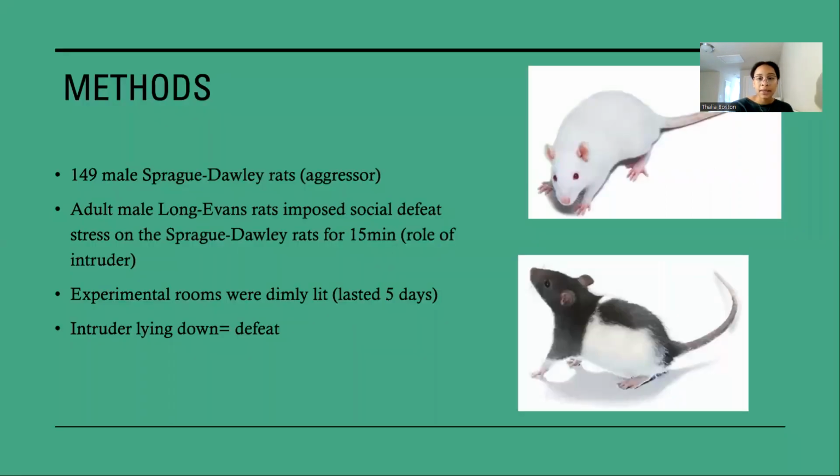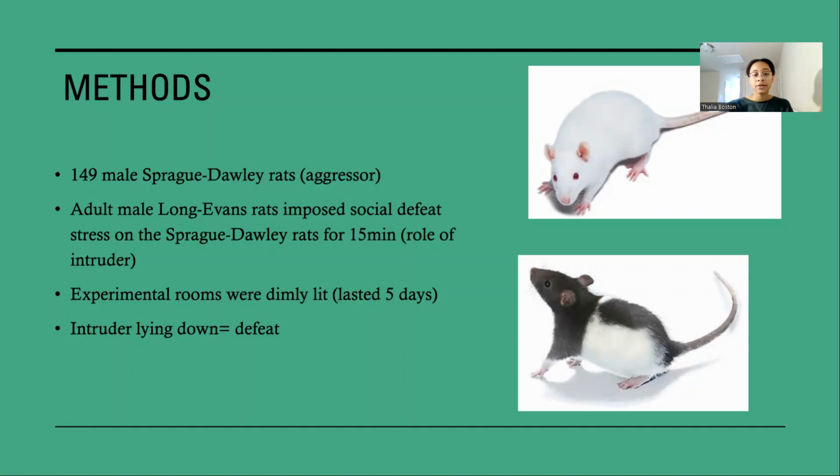To go over the methods and how this experiment was designed, they wanted to experiment on two different types of rats: Sprague-Dawley rats and Long-Evans rats. To give these rats some characteristics, here in the right-hand corner we have the Sprague-Dawley rat, which is the white-coated rat, and below that picture is the Long-Evans rat, which has a black and white coating.